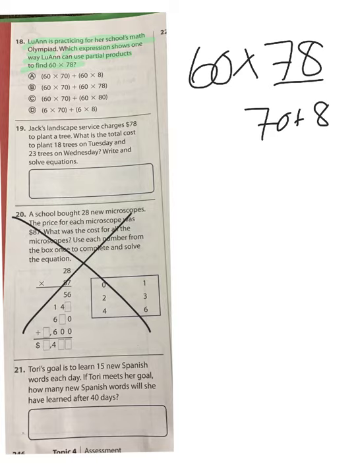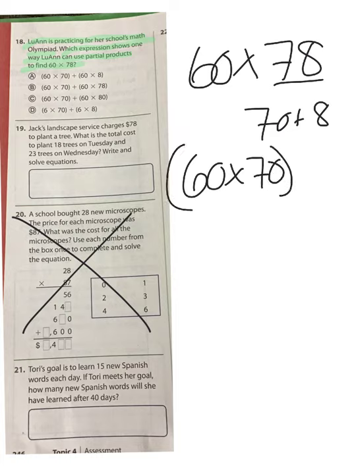So now we can multiply 60 times 70 plus 60 times 8. So our answer would be A.